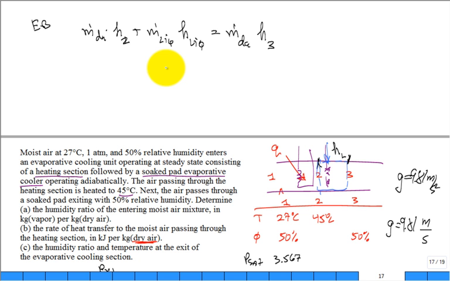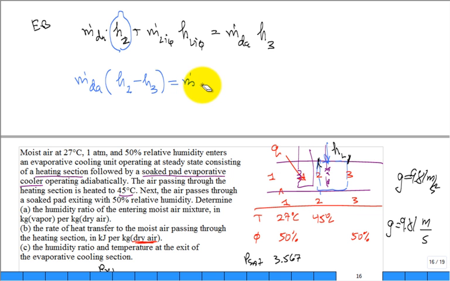Where are your terms for the vapor? The vapor is included in this enthalpy of the mixture on the psychrometric chart, right? So guess what? If you do the mass flow rate of the dry air times H2 minus H3, it is equal to the mass flow rate of the liquid times its enthalpy.